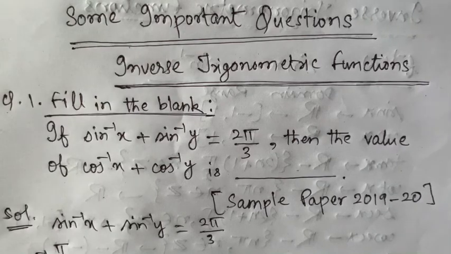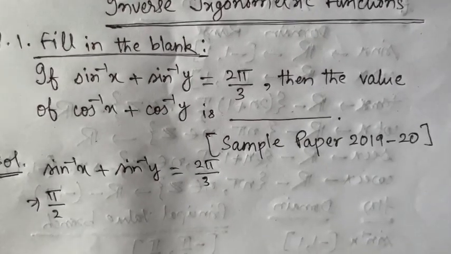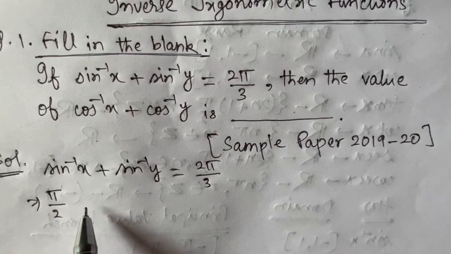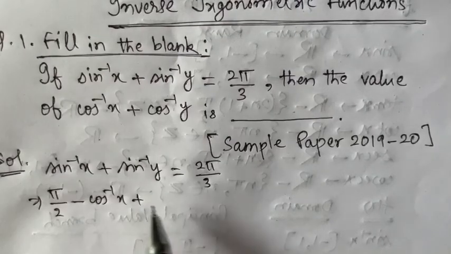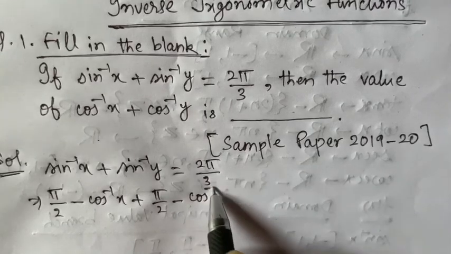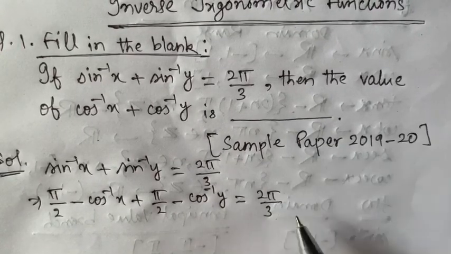So we need to change sine inverse of x in terms of cos inverse of x. We can do it like this: pi by 2 minus cos inverse of x plus pi by 2 minus cos inverse of y is equal to 2 pi by 3.